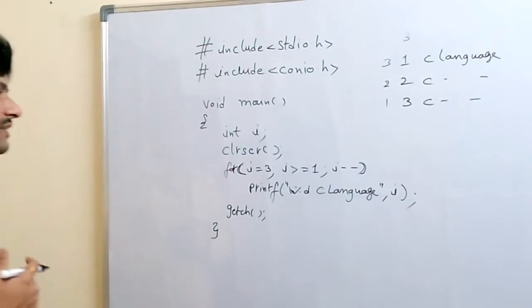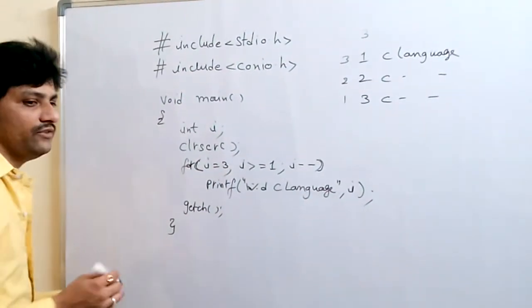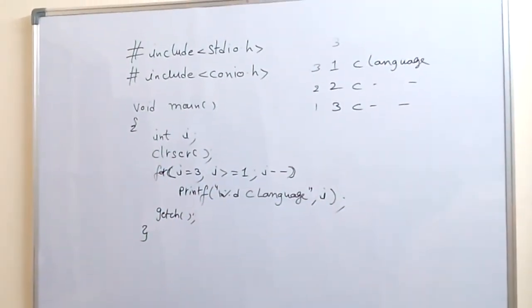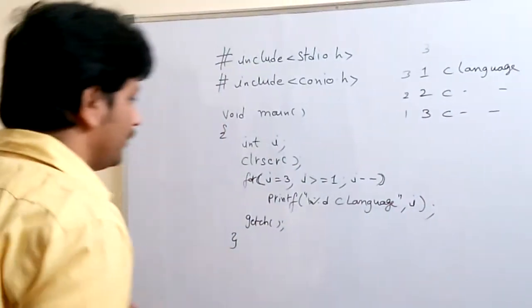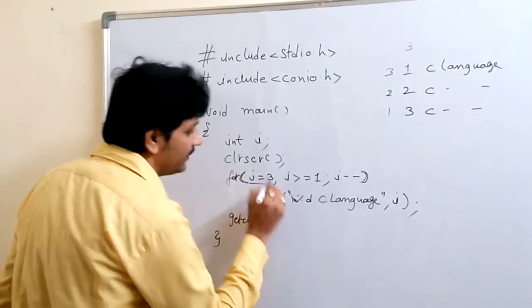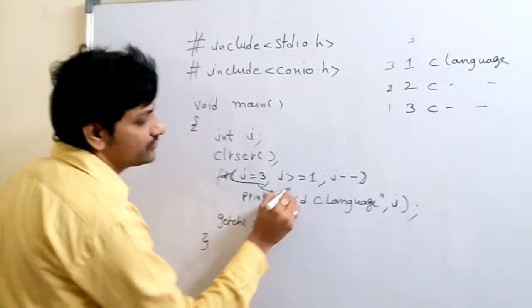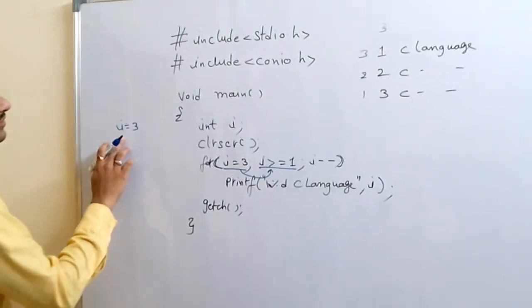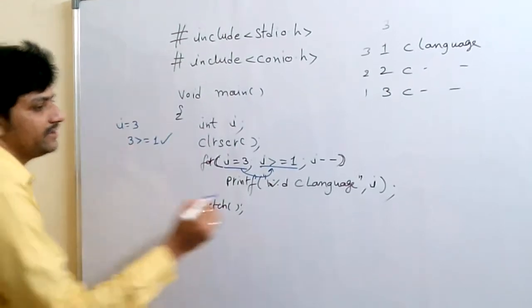Now let us try to understand how it is going to be executed. First, i value becomes 3, so i equals 3. Is 3 greater than or equals to 1, because i value is 3 right now? Yes, it is right.